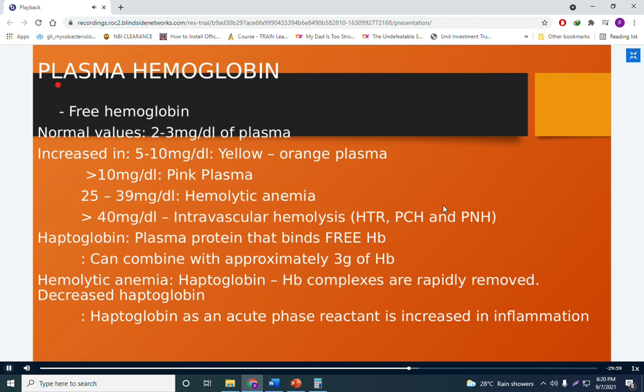Then, let's go to another type of hemoglobin. We have what you call plasma hemoglobin, also known as free hemoglobin. Class, when your RBC lyses, where does your hemoglobin go? When your RBC lyses inside your body, where does it go?